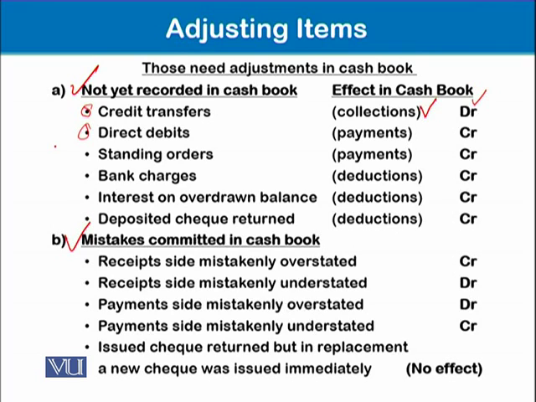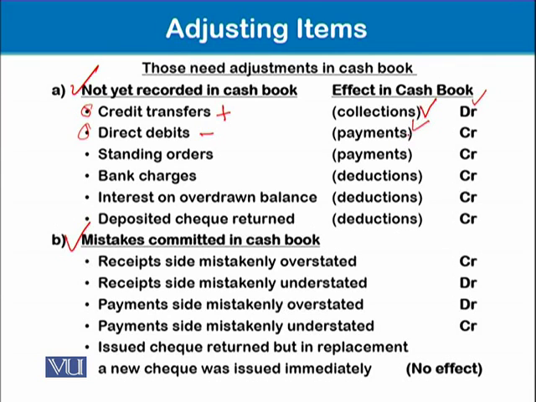Direct debit. Direct debit means payments. These are in fact a few terminologies that are mostly used while recording transactions in the cash book for which we have an arrangement with the bank. So credit transfer means that there is an increase in our bank balance. Direct debit means there is a decrease in our bank balance.